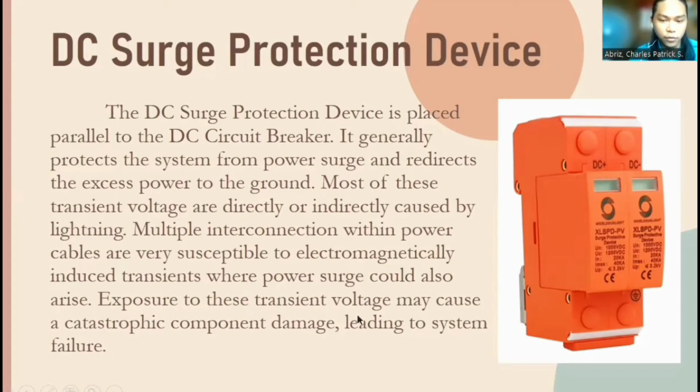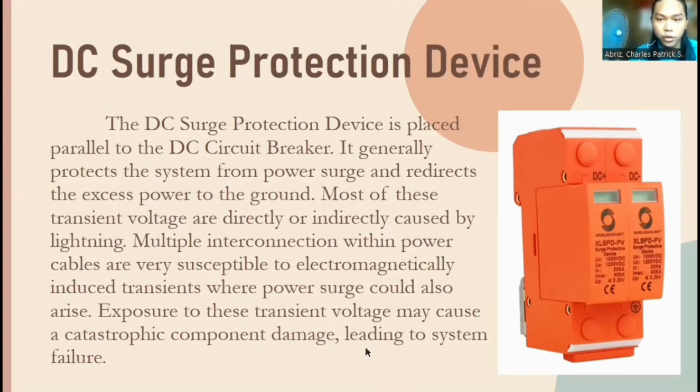Exposure to these transient voltages may cause catastrophic component damage, leading to system failure. To summarize, a surge protection device is an essential component of a grid-tied system because of the safety it offers for both the owner and the system.